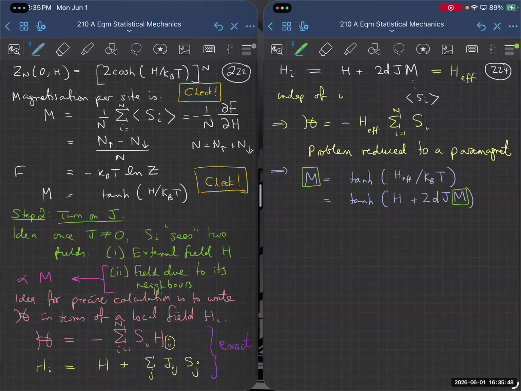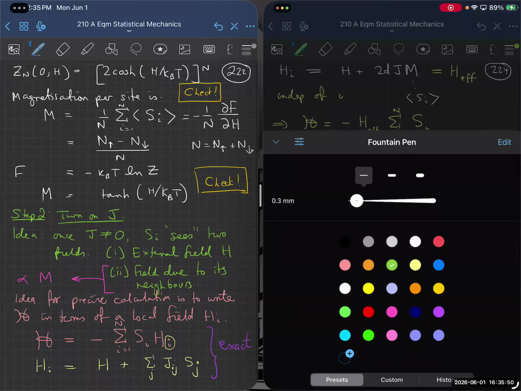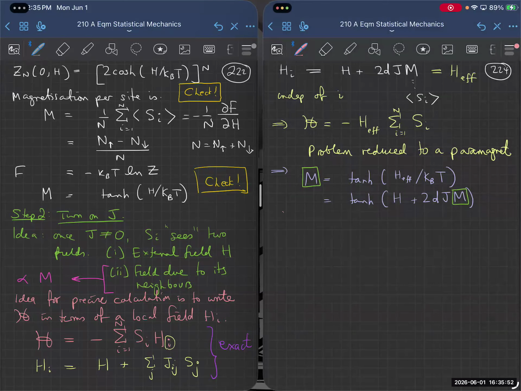And so what we need to do is compute M self-consistently so that the right-hand side equals the left-hand side. And you just look at this and it's not obvious that it's going to do that. It's a transcendental equation and so on. So we're going to need to learn how to solve that.